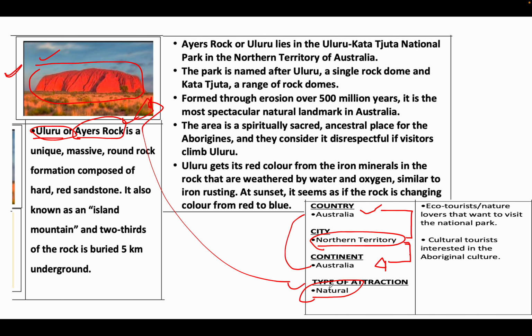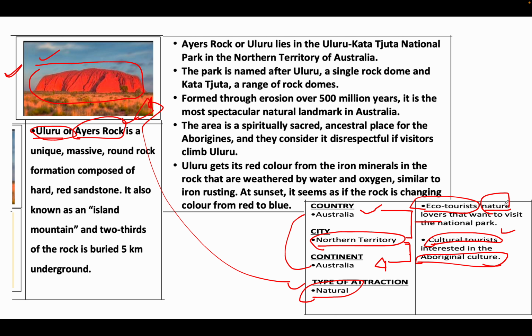So the tourist profile that visit Ayers Rock are tourists that are interested in learning more about the Australian culture, which is the Aboriginal, meaning the people of the past that were living there before. So the type of tourists are also those interested in eco-tourism and nature lovers, people who love nature.